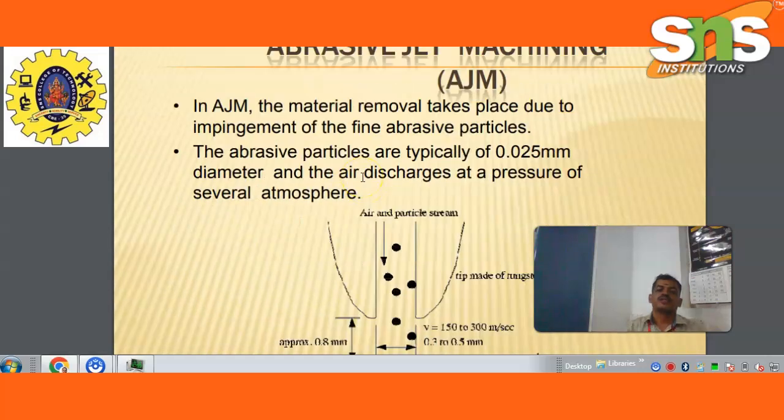In abrasive jet machining, the metal removal takes place due to impingement of fine abrasive particles. The abrasive particles are typically 0.025 millimeter in diameter, and they are discharged at a pressure of several atmospheres.